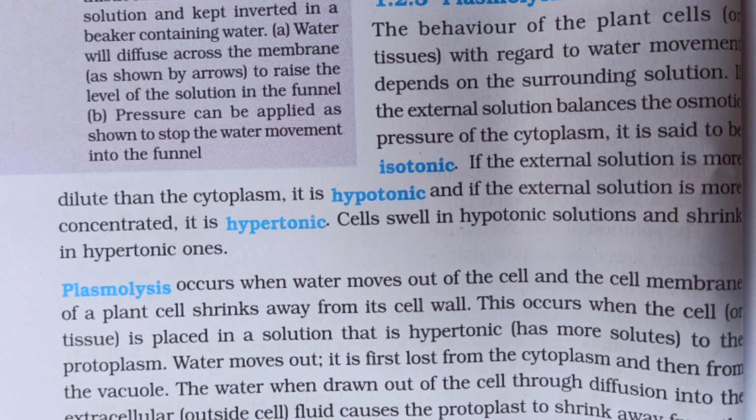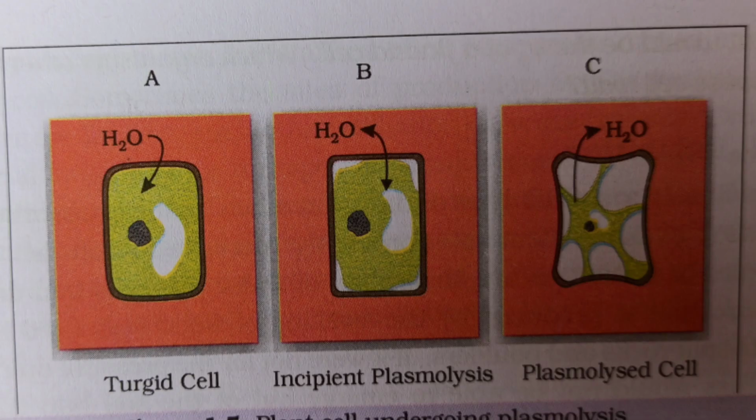Plasmolysis occurs when water moves out of the cell and the cell membrane of a plant cell shrinks away from its cell wall. This occurs when the cell is placed in a solution that is hypertonic to the protoplasm. The water is drawn out of the cell through diffusion into the extracellular fluid outside the cell, causing the protoplast to shrink away from the walls.